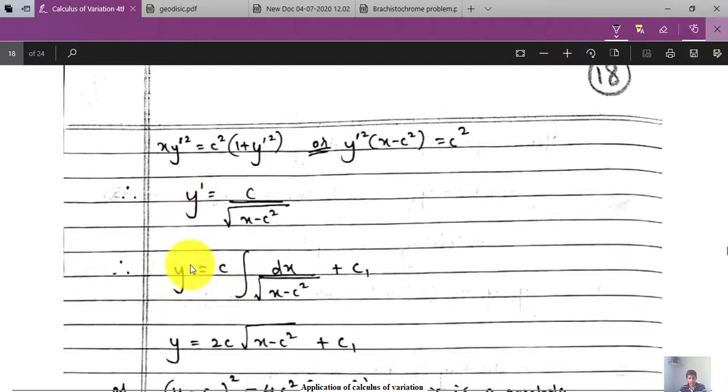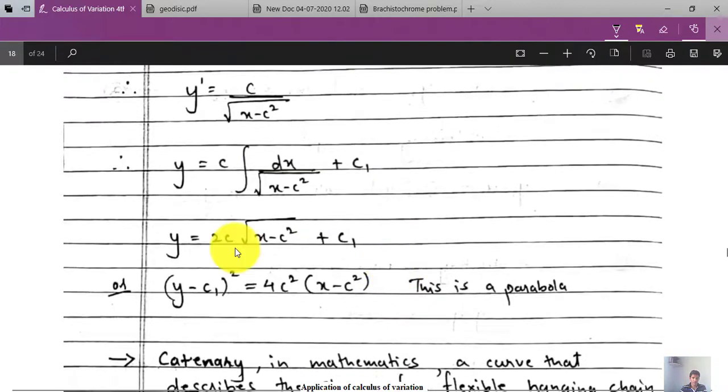Therefore on integrating, take this differentiation sign this side, so this turns out to be your integration. Whatever constant term is there, you take it outside, and integrating both sides, y is equal to c integration over dx by square root of x minus c square plus c1. Therefore y is equal to 2c square root of x minus c square plus c1.